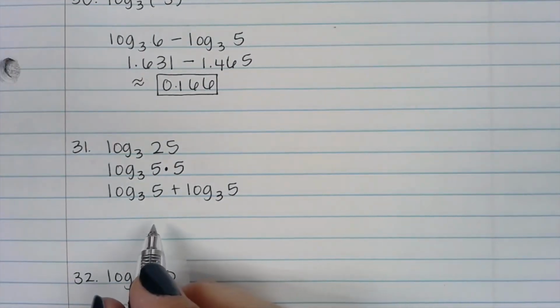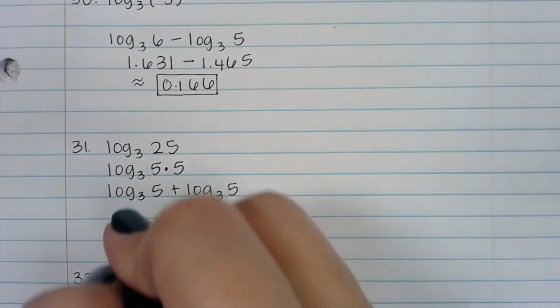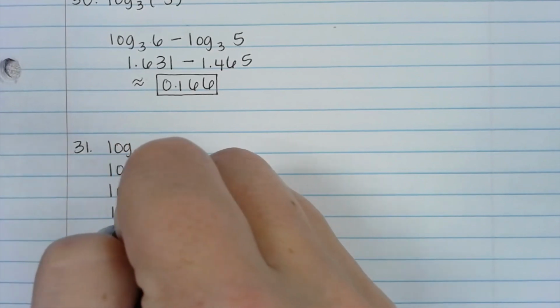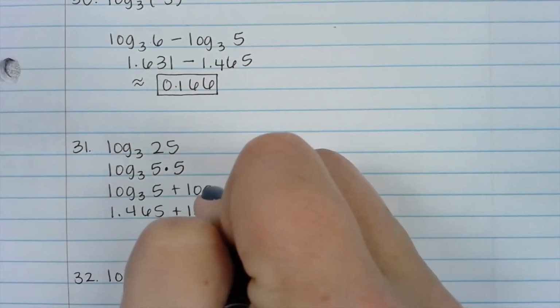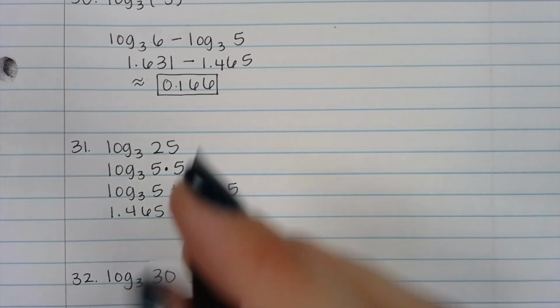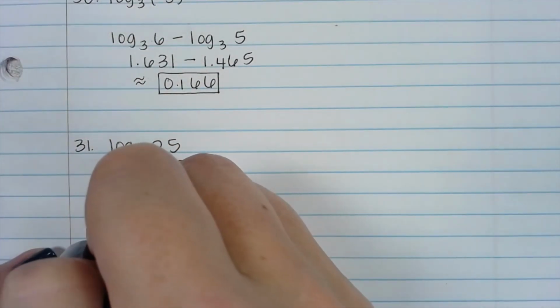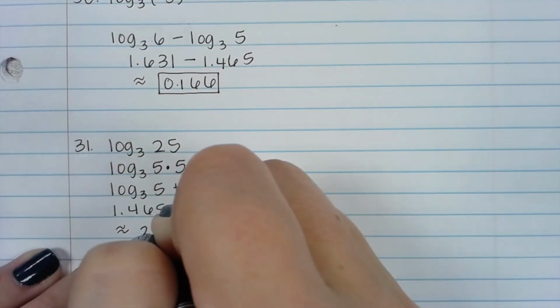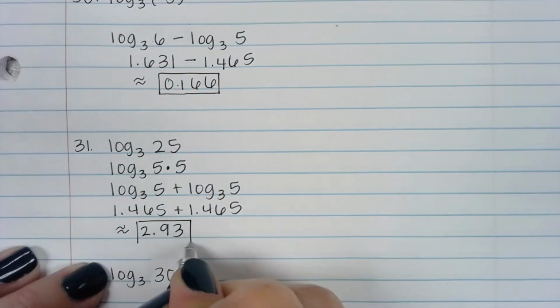And log base 3 of 5 was one of the facts that you were given to start with. Log base 3 of 5 was 1.465. And so you're just adding it up with each other, or you could also think about it that you're multiplying it by 2. And so the answer for question 31, it's rounded because those initial values were rounded, but it would be 2.93 is what that would be equal to.